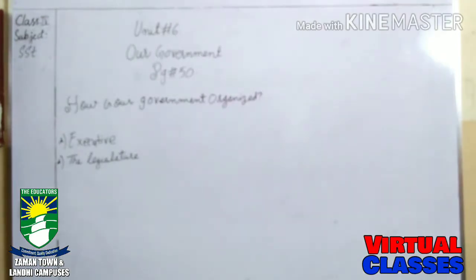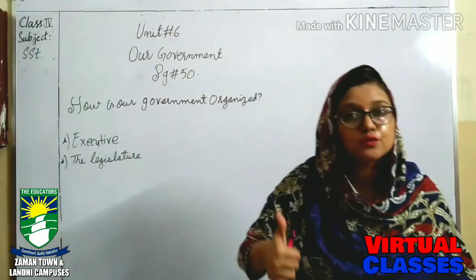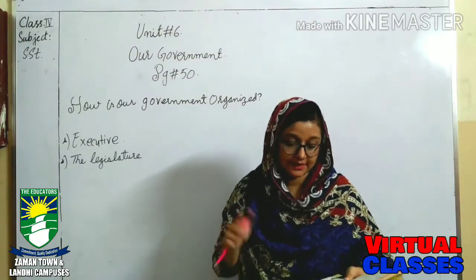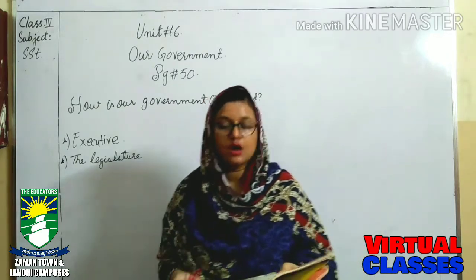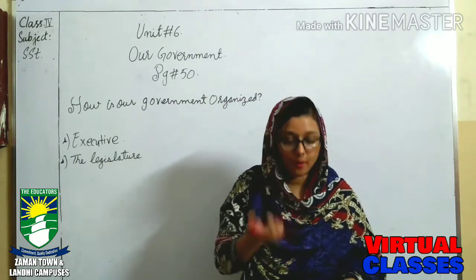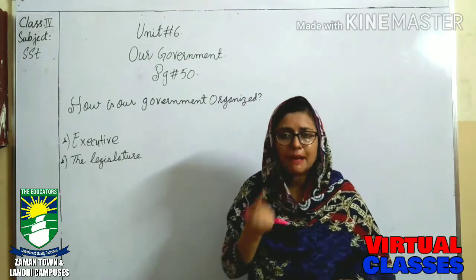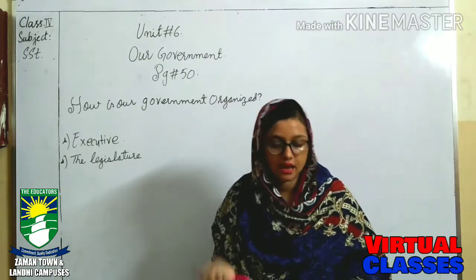Now we have to know the parliament is divided into two houses. Which houses? The first one is the National Assembly or lower house. The second one is the Senate or upper house. When a new law is made or an old one is changed, the members of the lower house discuss the law in great detail.